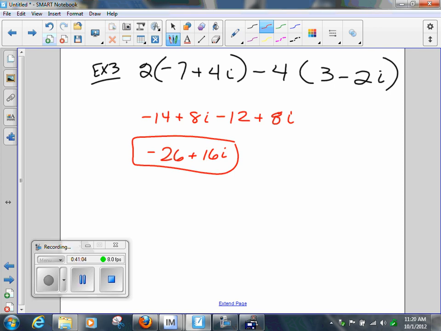How many of you got this? Hey, aren't we using the same concept that we used back in Algebra 1? Now it's just got a funny looking variable. That's all we're doing, folks. It is a funny looking variable.